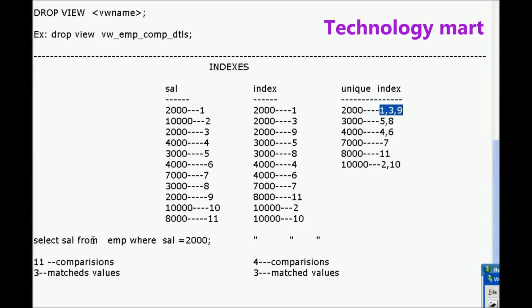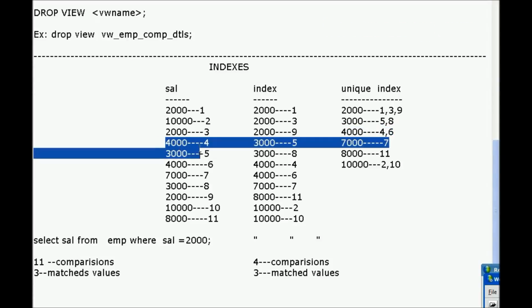Here, if you are executing the same query, then it will go and search whether it is matched or not. Suppose we are selecting for the salary 4,000, then there exists a match. Immediately control goes to the 4th and 6th records of the original table and fetches the salary.